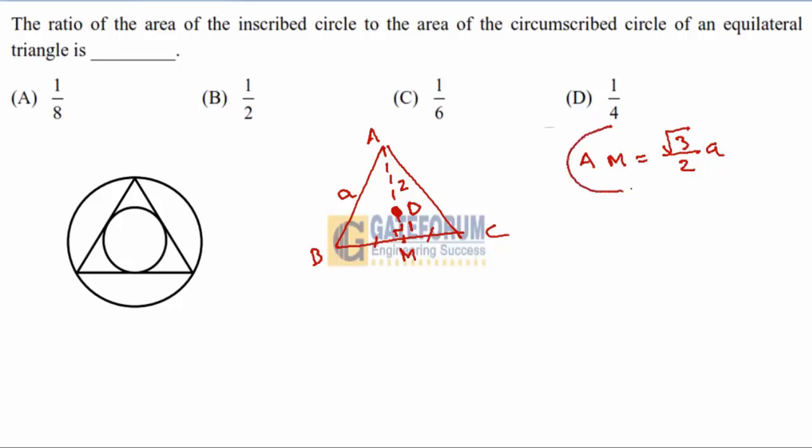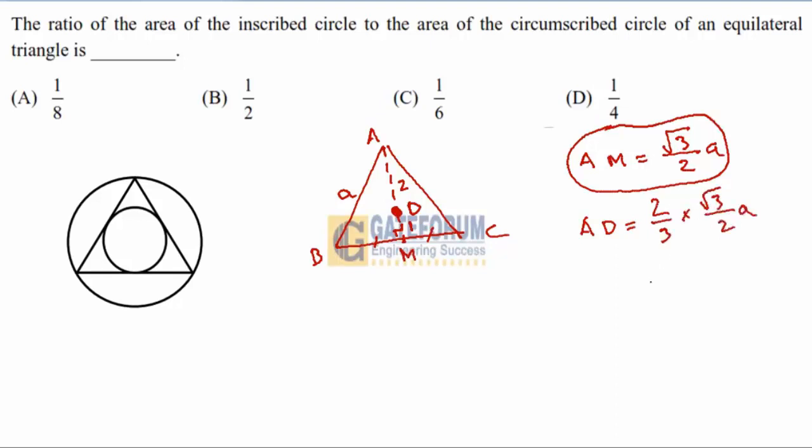This is so common that this actually is itself a formula sort of. I mean, people remember this. So we can say that AD would be 2/3 of root 3 by 2 A.